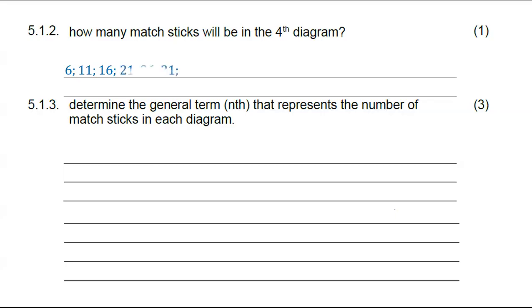You will get 21. So the fourth diagram will have 21 matchsticks. For 5.1.3, it requires us to determine the general or the nth term that represents the number of matchsticks in each diagram.